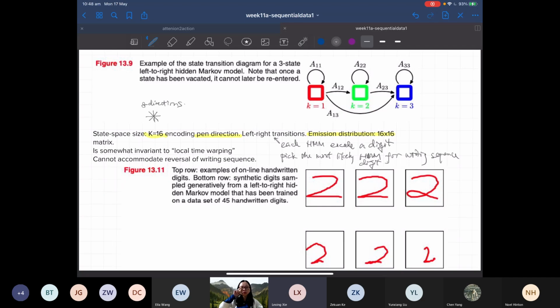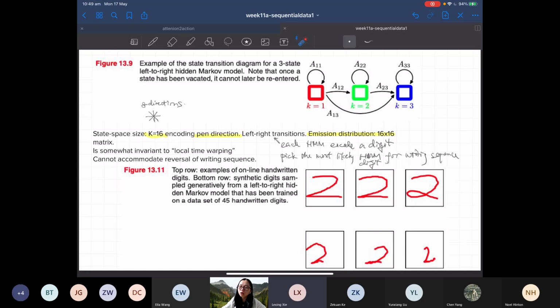The advantage of doing so in the left to right state transition is that these transitions allow us some flexibility of what's called local time warping. If you look at the literature, you would see the term dynamic time warping. Basically, different people speak at slightly different speeds, and sometimes when I'm emphasizing, I might pause and elongate a syllable.